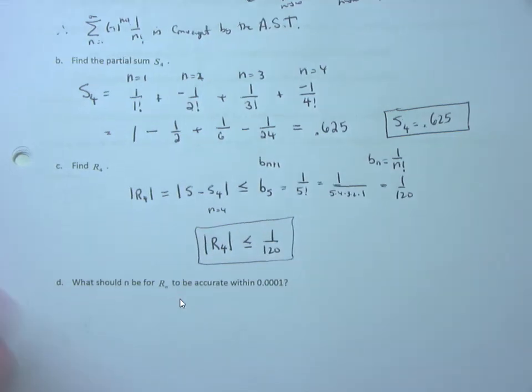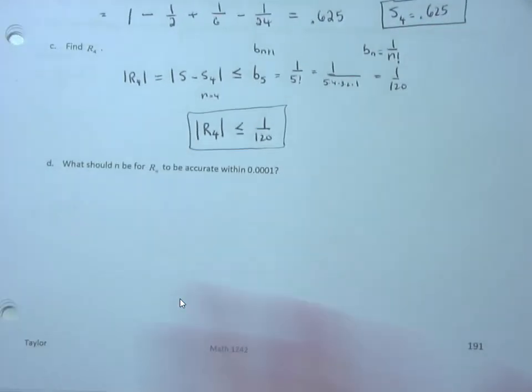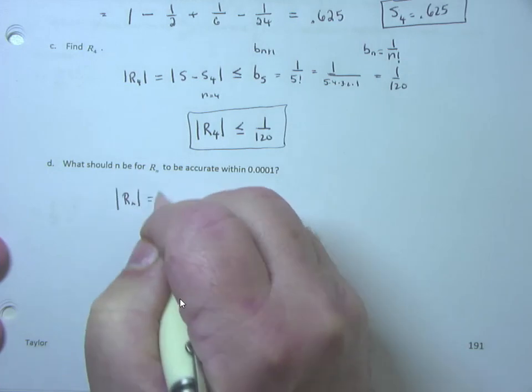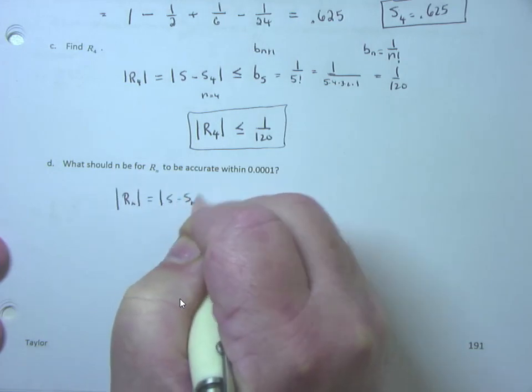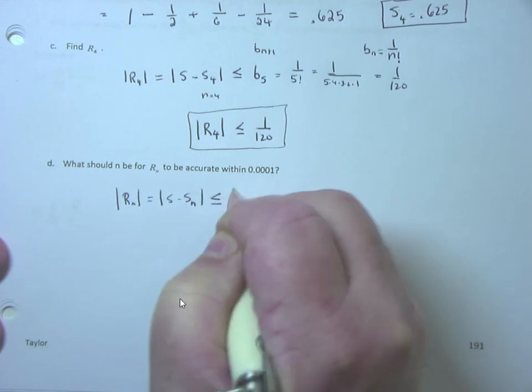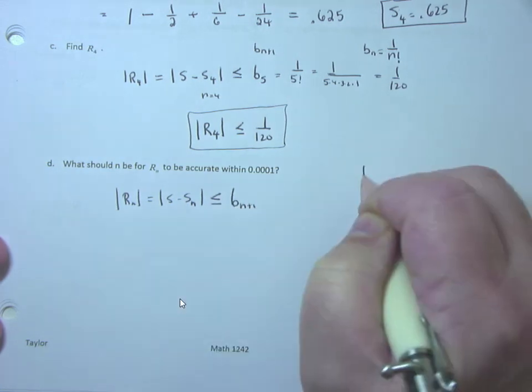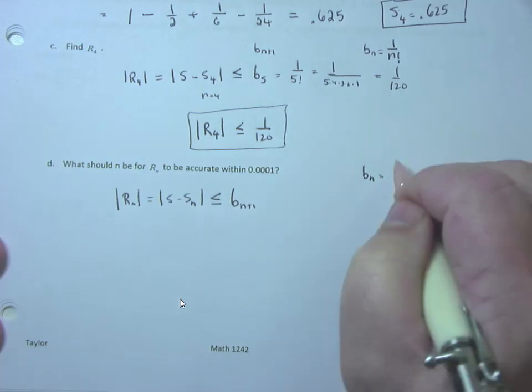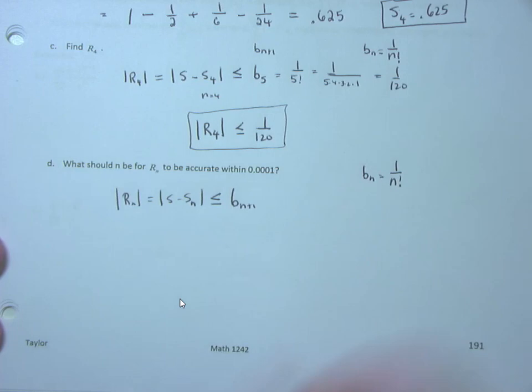Now, the question is, of course, how many n's, how many terms do we need to take it out to for Rn to be accurate to be within 0.0001? We did a couple of these problems last time, but just to remind you, Rn, which is equal to the true sum minus the partial sum, is less than or equal to B(n+1). Now, Bn in this problem is the sequence part of your series without the alternation, 1 over n factorial.